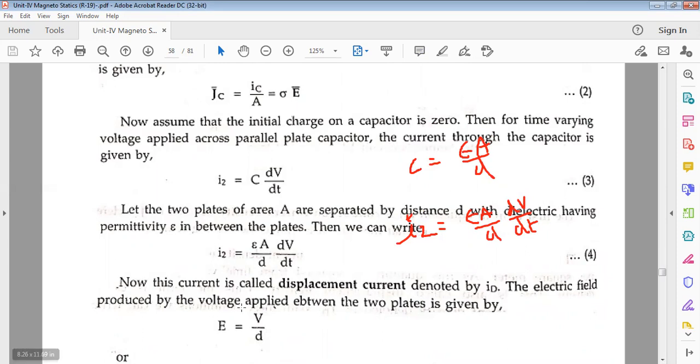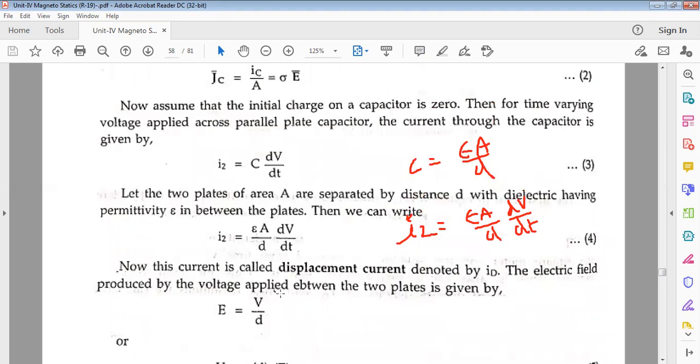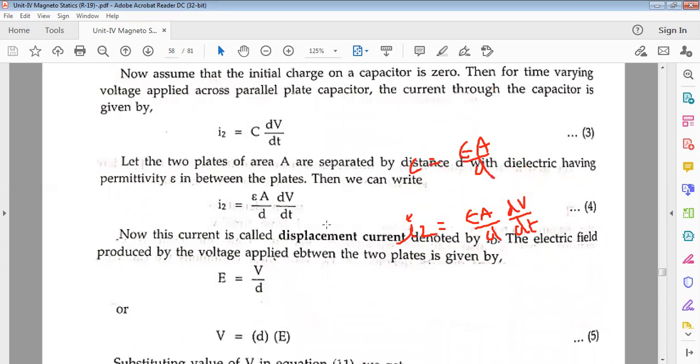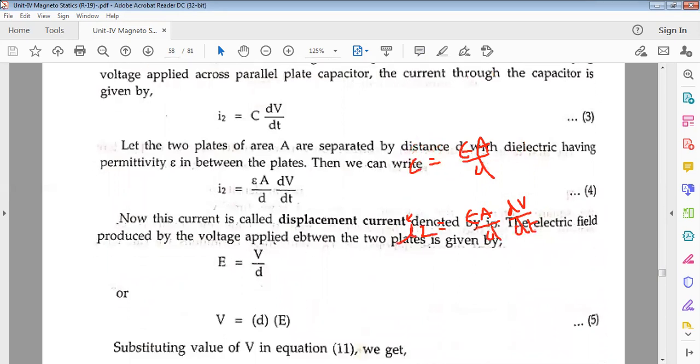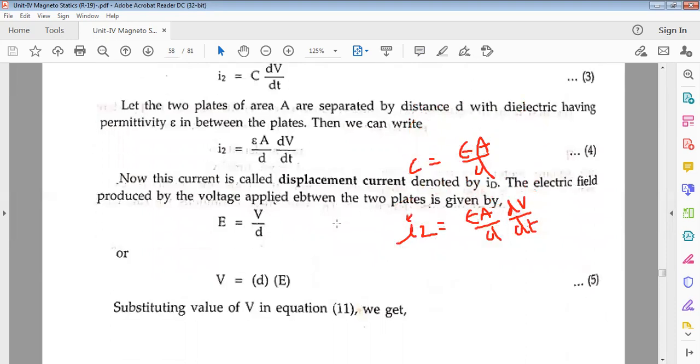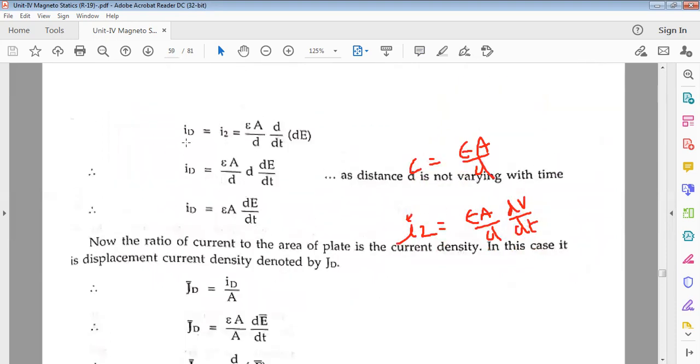The electric field produced by the voltage applied between the two parallel plates is E is equal to V by D, the applied voltage over the distance between the plates. So V is equal to D into E. Substitute here. ID is nothing but I2, the displacement current.